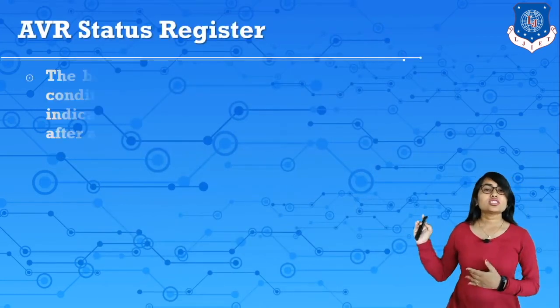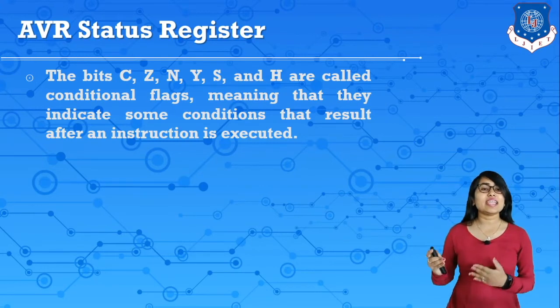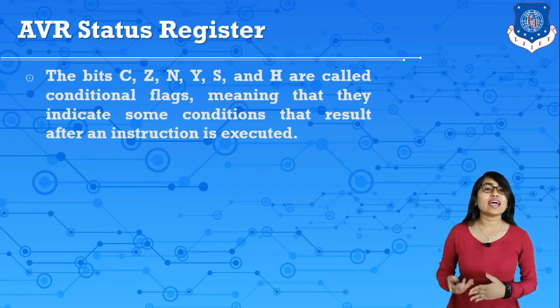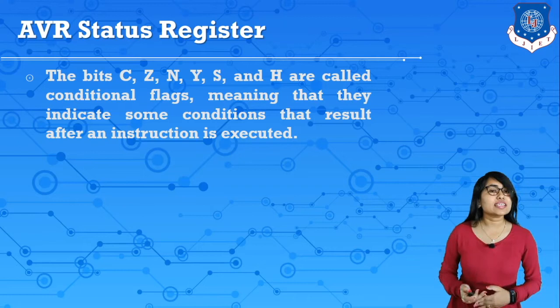So here we have the first AVR status bit. The bits C, Z, N, V, S, H are all conditional flags, meaning that they indicate some condition that results after an instruction is executed.